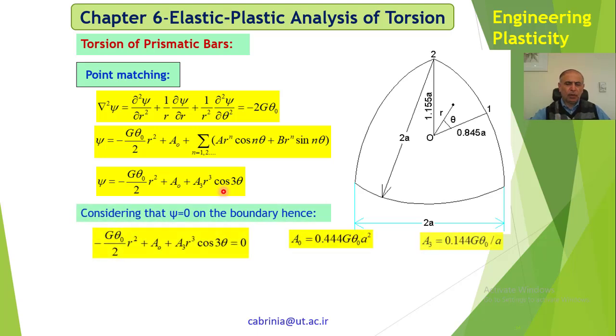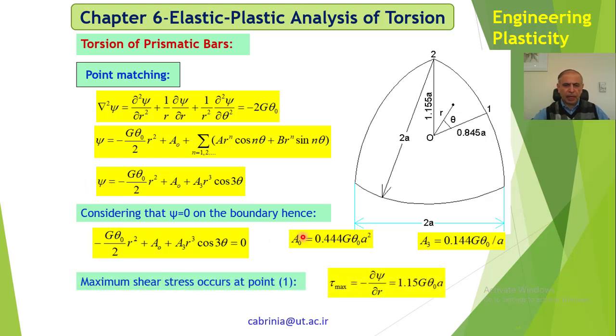So this function on this curve gives us the right condition. In other words, psi is equal to 0 on the boundary, and therefore if we put this equal to 0, we get a0 equal to that, and a3 is equal to that. So these constants are obtained such that this curve matches our function.